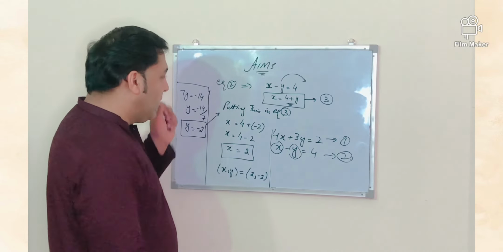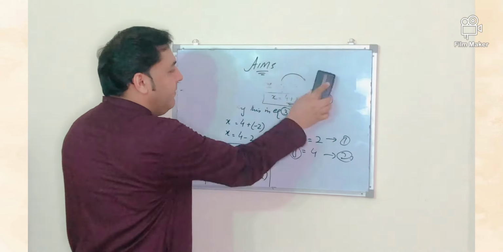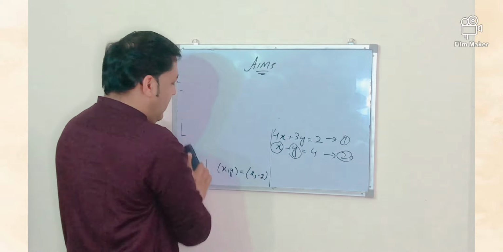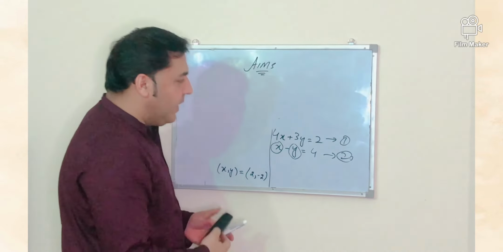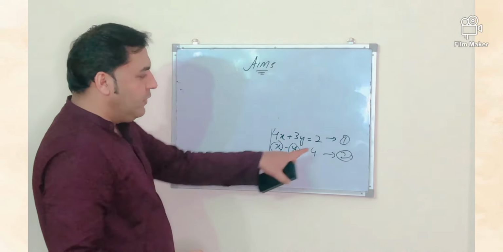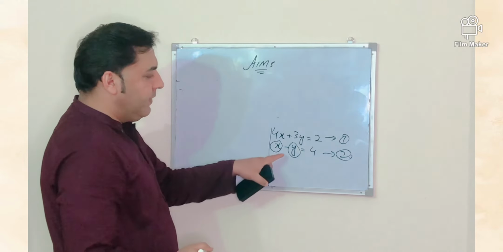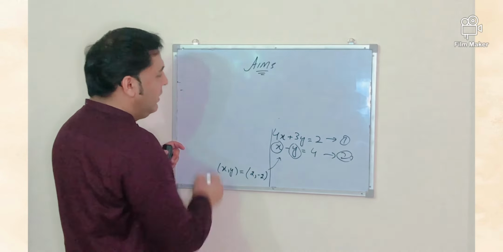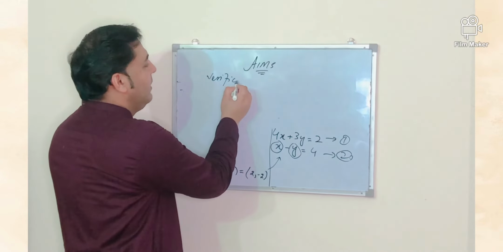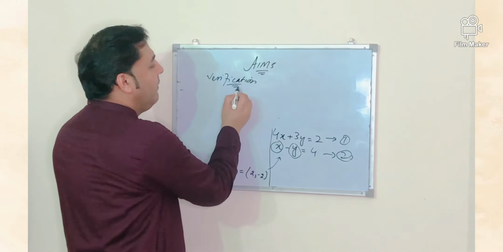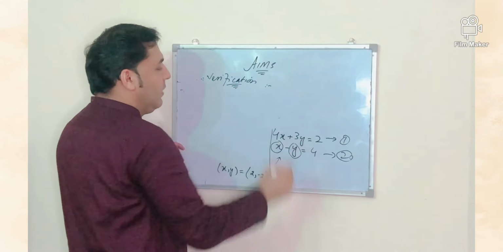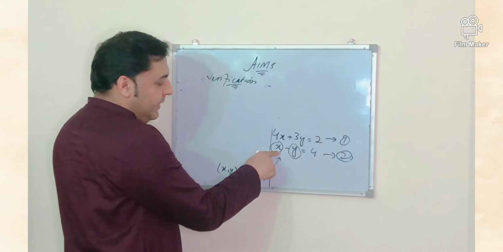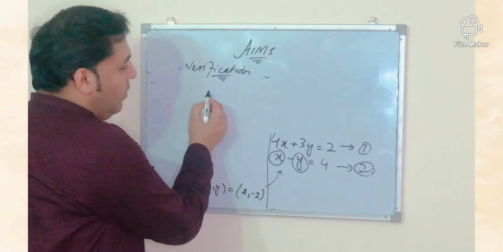So if I want to verify this, I will put these values in any of the equations and see whether my answer is correct or not. If I put it in equation number 2, this is for verification purpose. Instead of x, I will write 2.